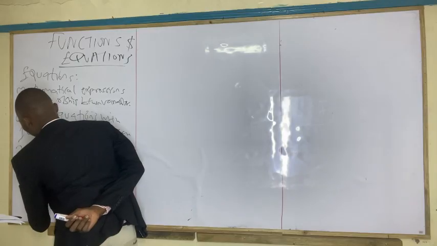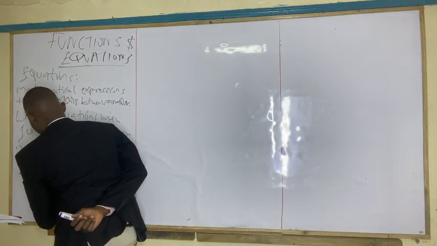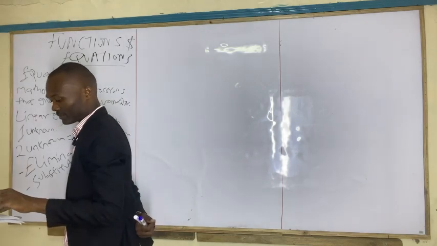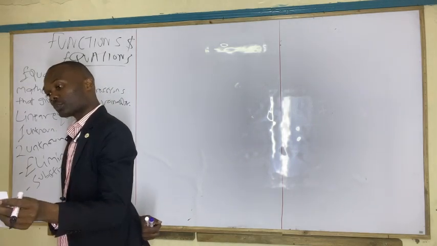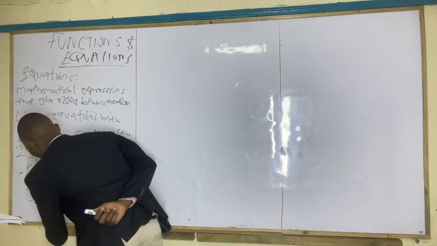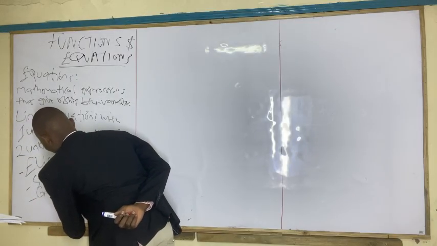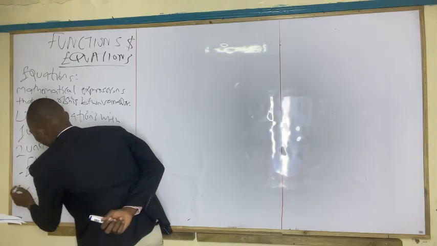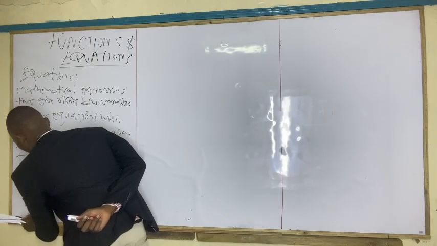Then we also have substitution. And then the other ones are graphical and matrix. So this is A, B, C, and D.